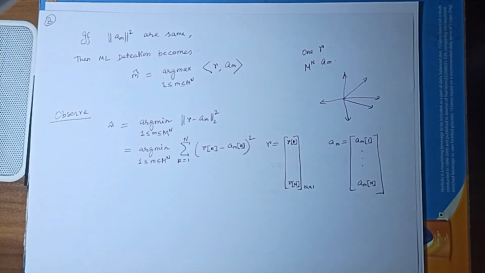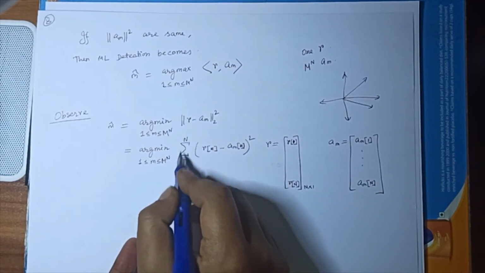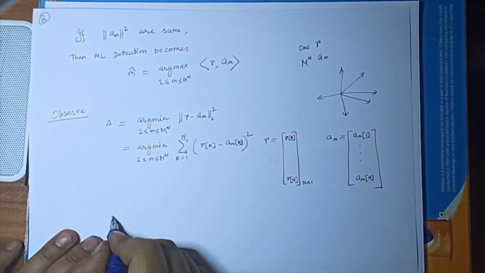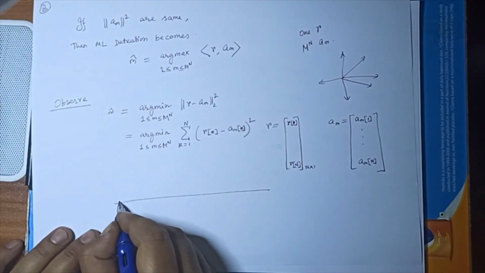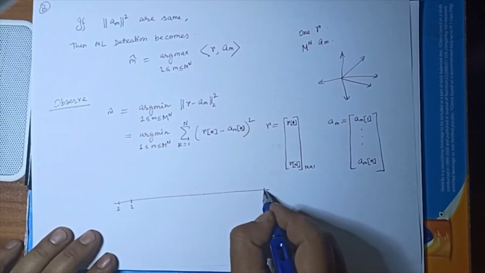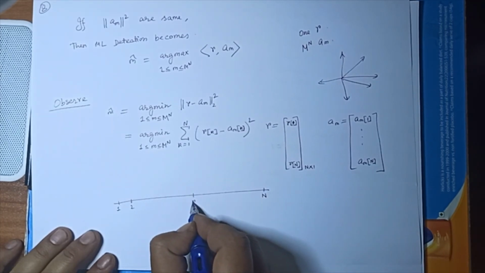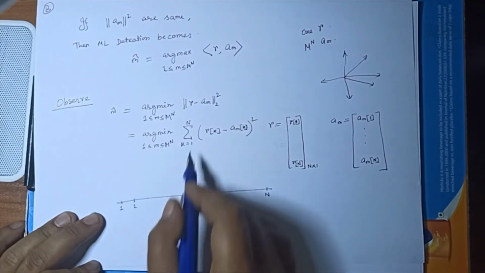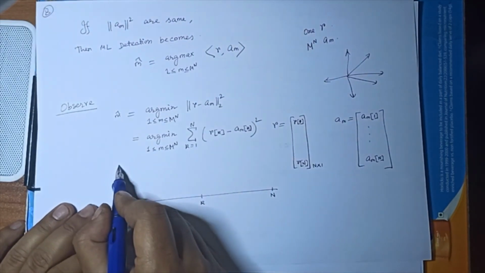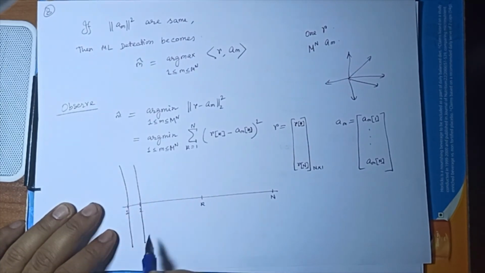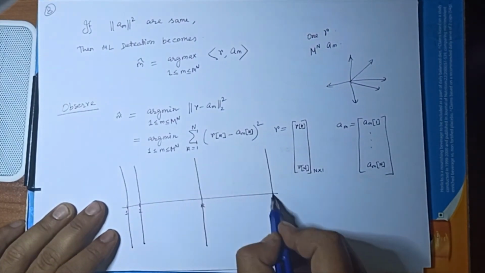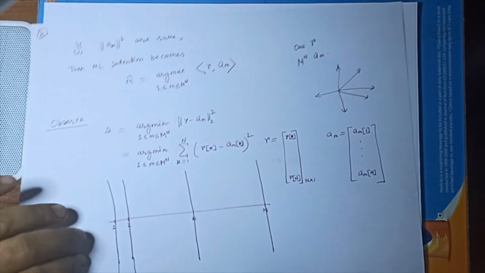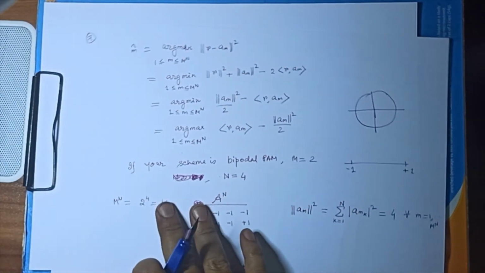Now things are becoming interesting, because k equal to 1 to n is basically the time instance. You observe that this is your time point, this is your 1, this is your 2, up to this is your n. This is some arbitrary k, and this is the real space of PAM. In this space you have different symbols. One of those capital M symbols, let us write them as B, that will be better.